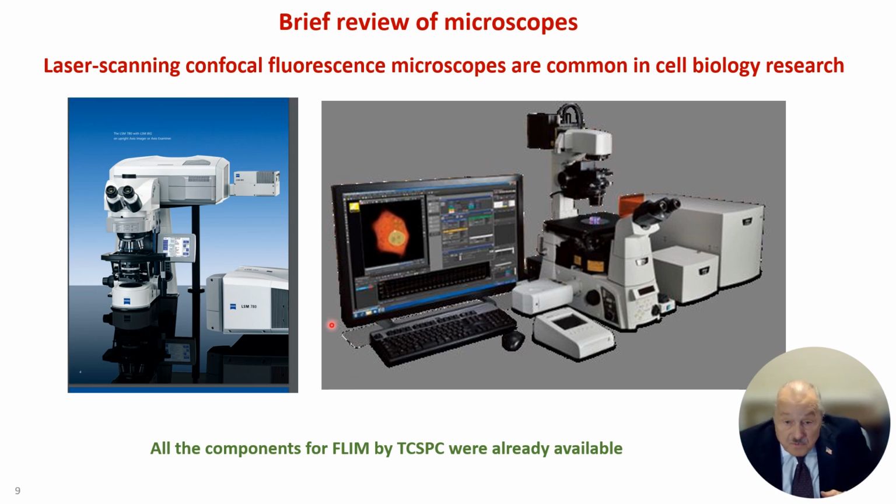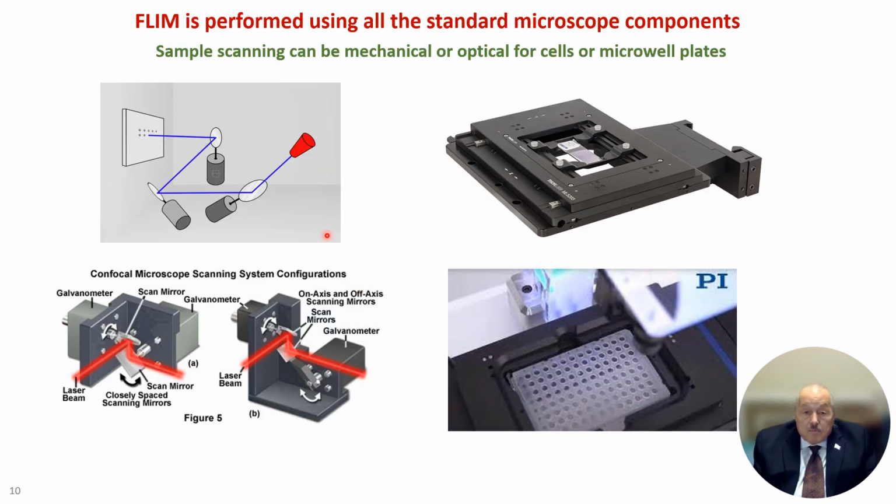As I recall, the first FLIM instruments were being sold in around 1993 or 94, depending which company you're looking at. But many labs had laser scanning confocal microscopes, and those were the perfect microscopes for doing FLIM. FLIM is really a very generic method.